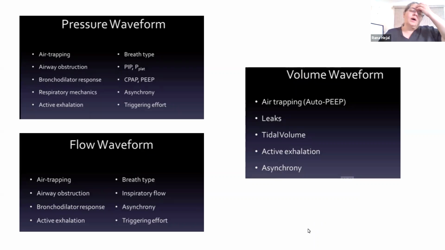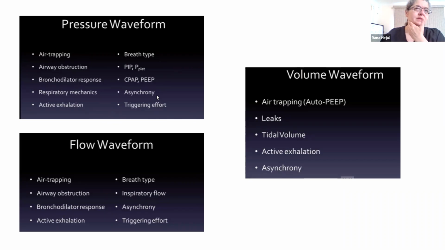So what can you use these to diagnose? You can use the pressure waveform to look for air trapping. You can look for airway obstruction, whether you have a bronchodilator response or not. Obviously, when you put an inspiratory hold, you'll be able to determine the plateau pressure. And if somebody's exhaling, you will be able to see a little bit of a change in the square waveform that I showed you.